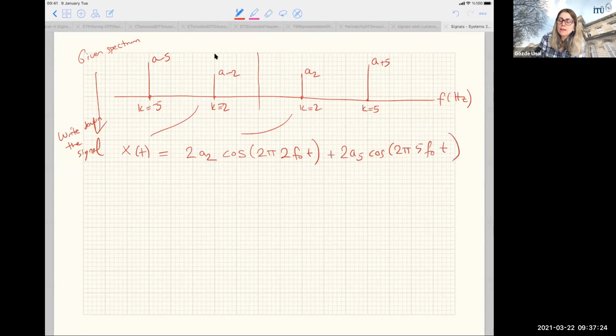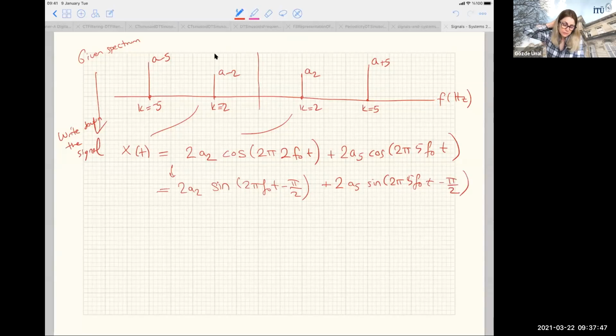Very good point. If, for instance, you want a sine signal, always from here you can say 2a2 sine 2 pi f0t minus pi over 2. You can always add those guys. Right, minus pi over 2, add the phase shift. Okay, this is equivalent.